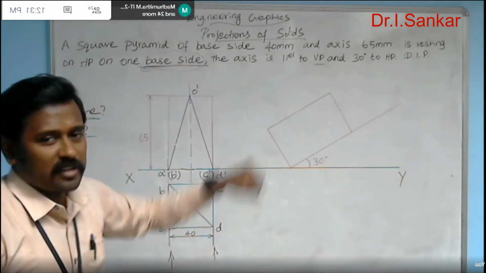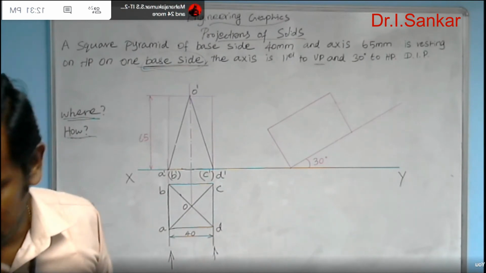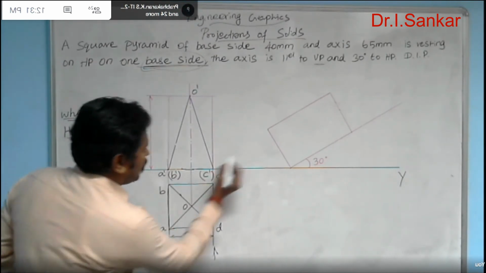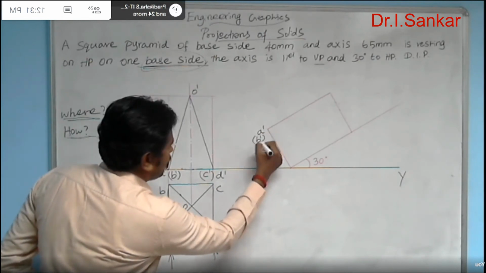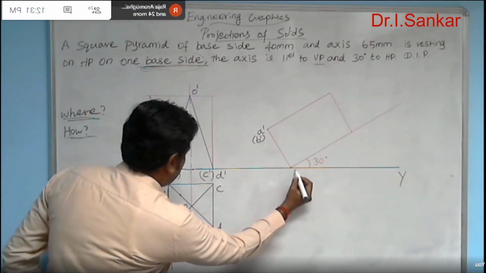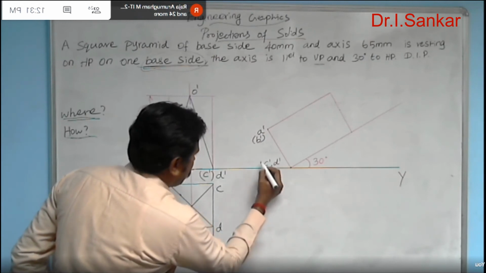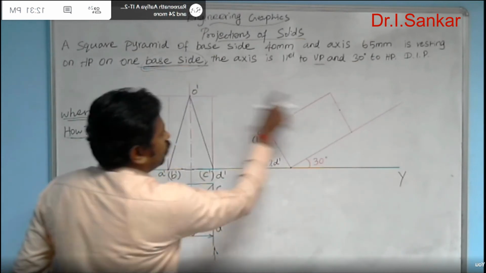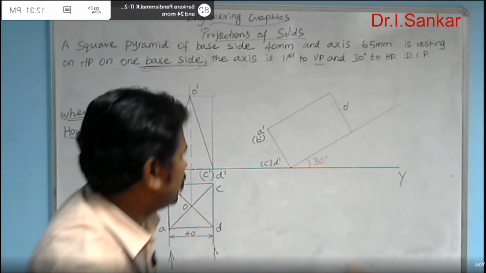I just redrew that box, and then I needed to mark the base corners relatively with the simple projection. So here A dash and B dash are there, and there I can mark C dash and D dash, and here I marked already, that is the O dash point, and then I need to connect them with the HB pencil.